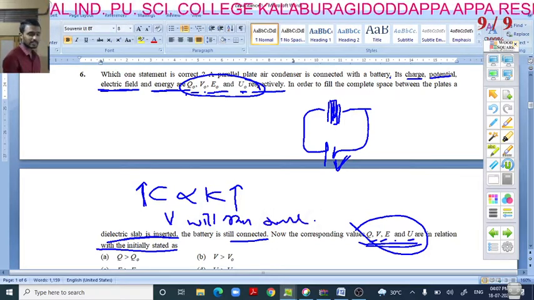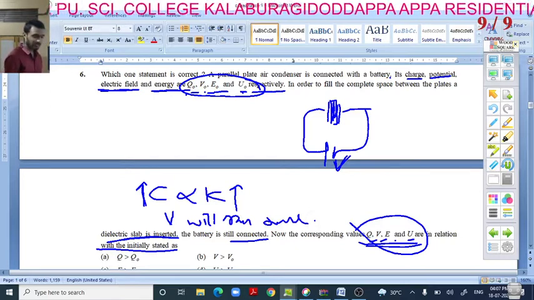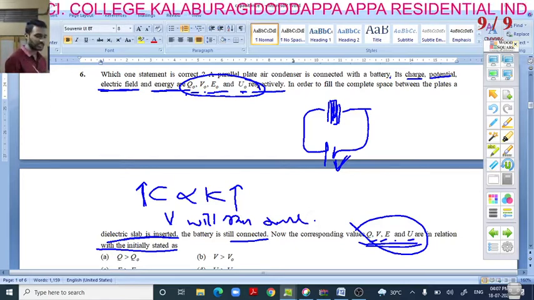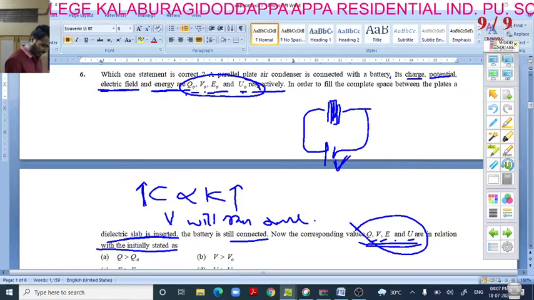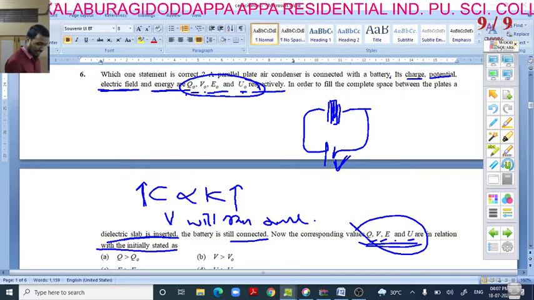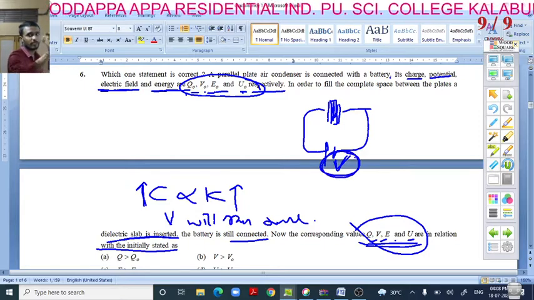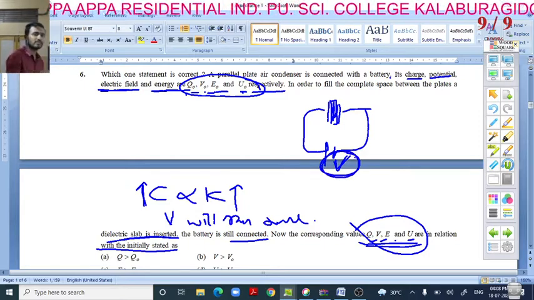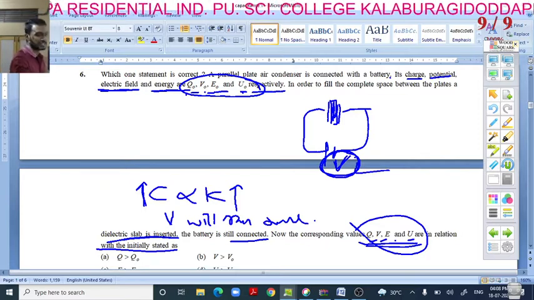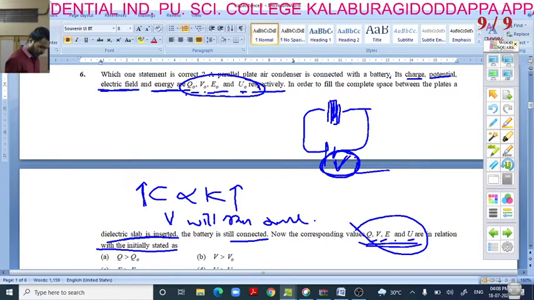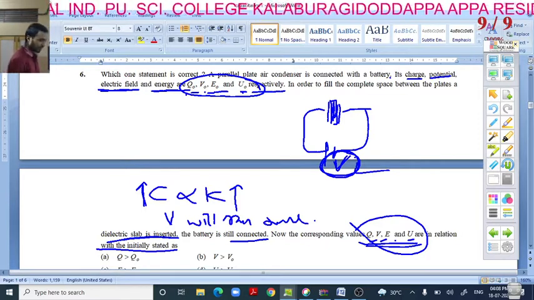Potential difference, that you remember. The potential difference remains the same because the battery is still connected continuously, before and after inserting. So the potential difference is the same, right? So Q is equal to CV.